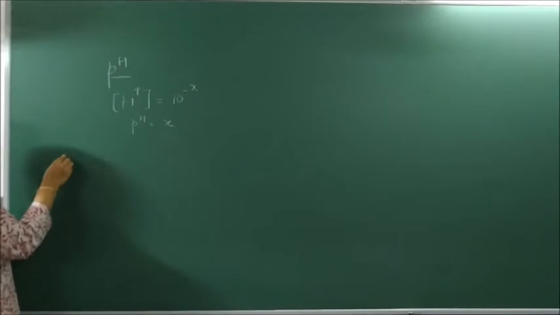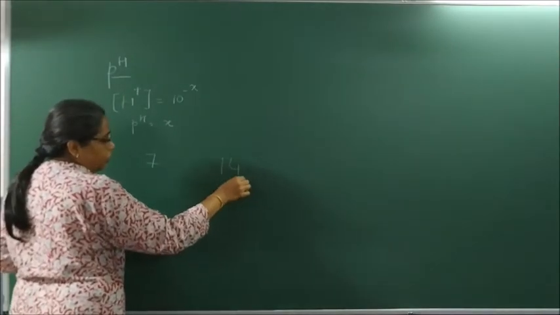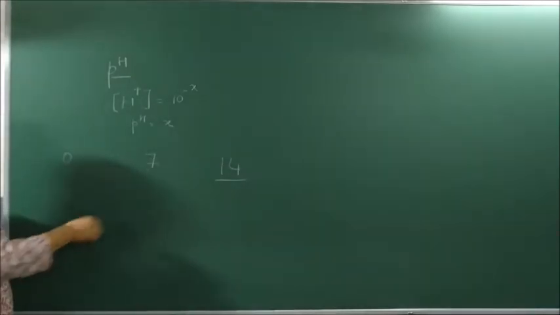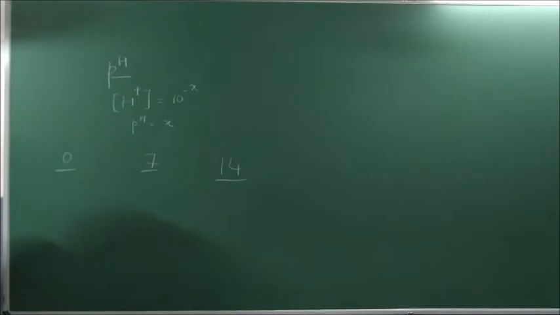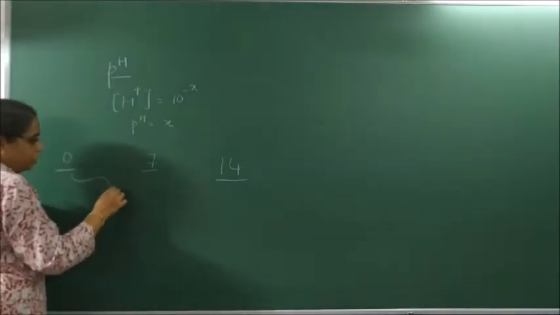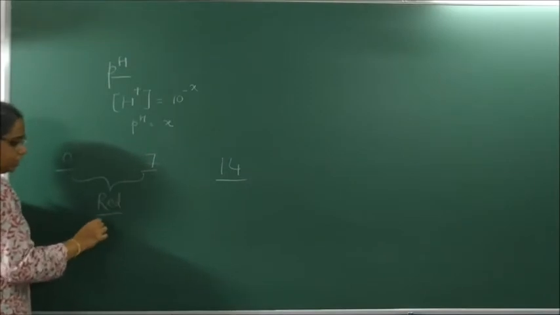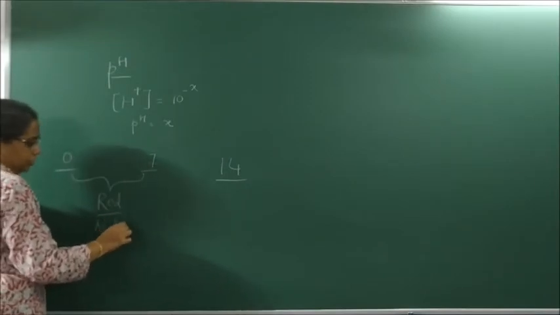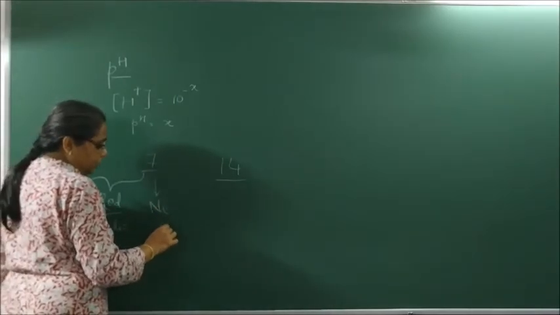pH basically ranges from 0, 7 and 14. 14 is highly basic, 7 is neutral and 0 is highly acidic. From 0 to 7, you will have shades of red, which shows they are what in nature? Acidic in nature. 7 is neutral and is what in color?